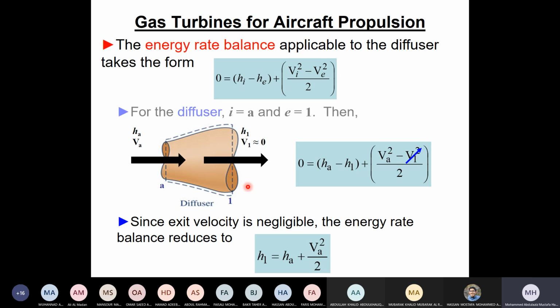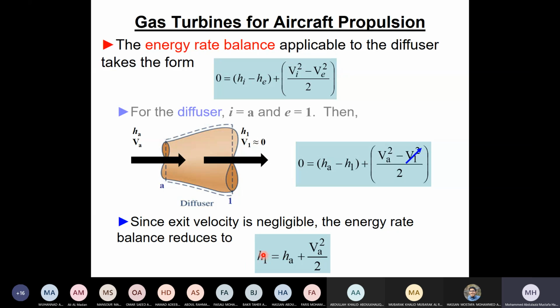Okay. So now we say that H1, which is what's required at the inlet of the compressor, is equal to HA, which are the conditions at the atmosphere, plus the velocity term, where this is the velocity of the plane or the velocity of the air coming into the nozzle. So this is what we have here. As for the previous question you asked me, you have to make it like that unless the problem says, or you assume, that CP is constant.